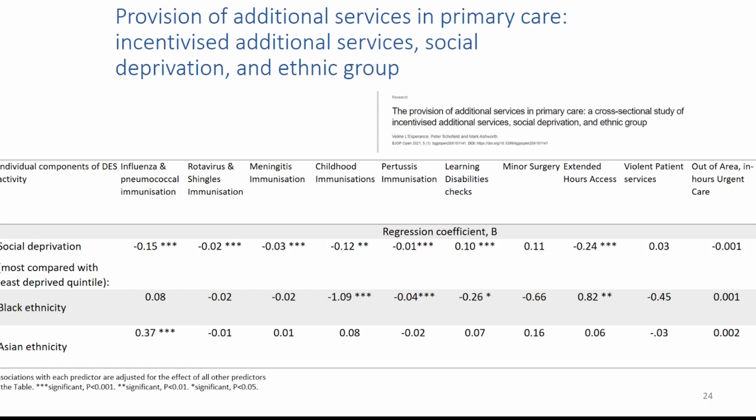But then you also have a positive association with extended hours of access. Yep. So again, people can't necessarily come during normal times, so they seek out-of-hours service. Okay, what are the units on those? So these are converted to pounds, so it's pence.